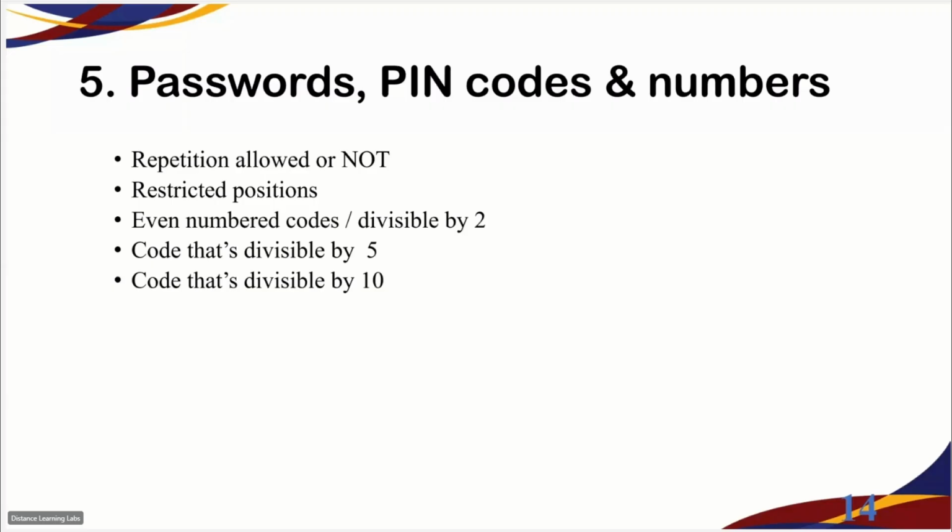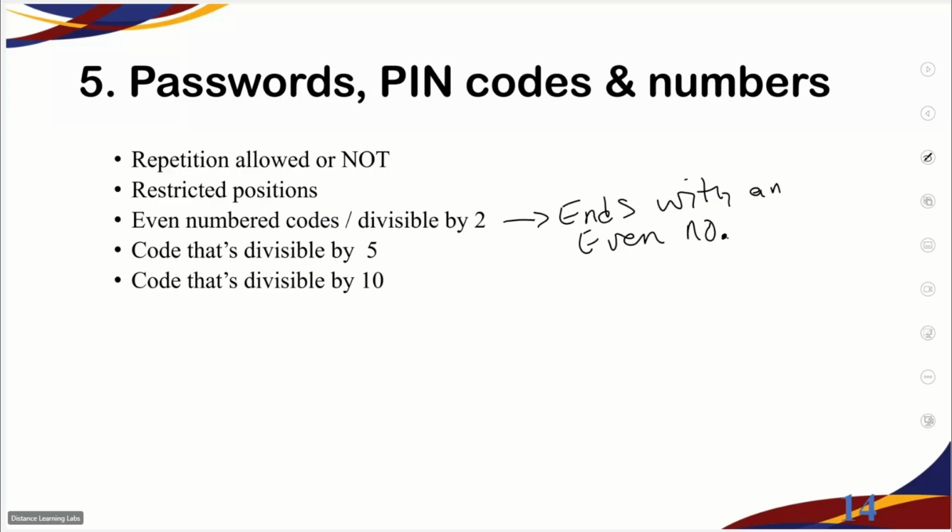Now, for a code to be even numbered or divisible by 2, it means that it ends with an even number. Meaning that is a restriction. A code that is even numbered, or divisible by 2, ends with an even number.